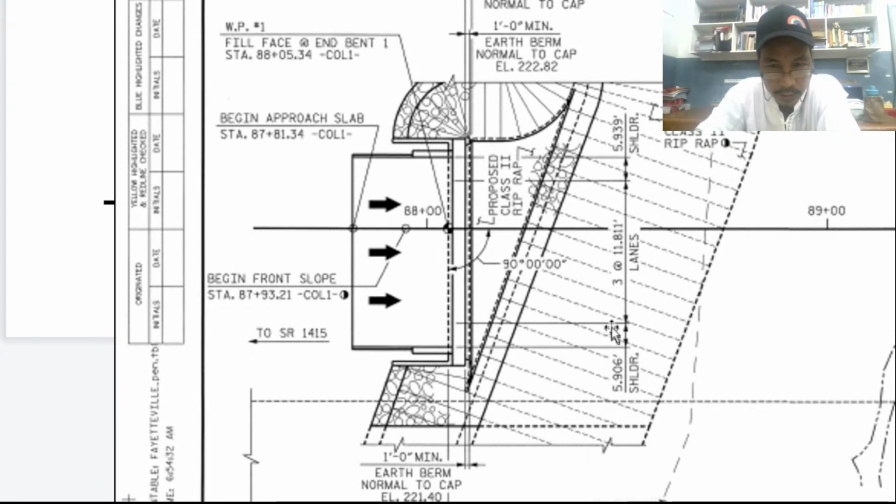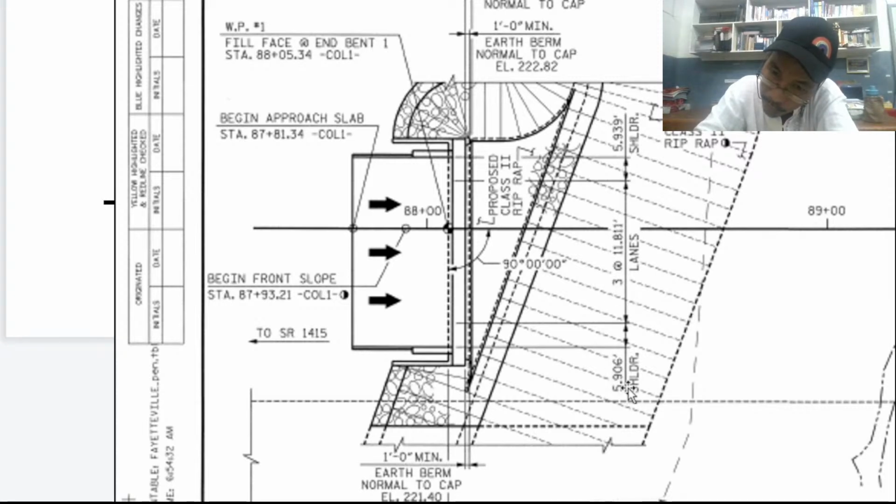So in 6 feet, a small car or a tricycle could pass through it. However, it is a shoulder for emergency stopping. So this is the shoulder. On the other side, the shoulder is a little bit wider because it is 5.939.